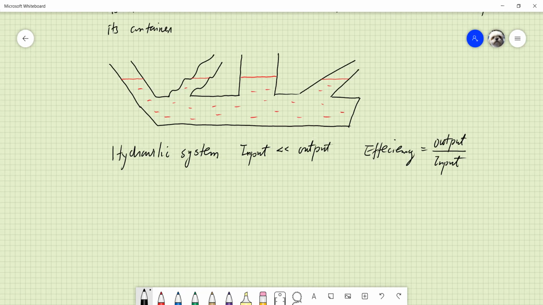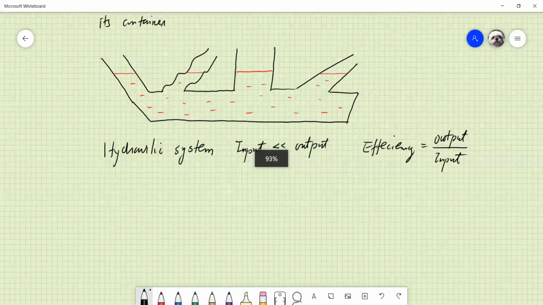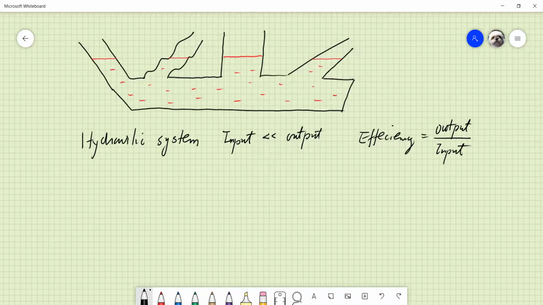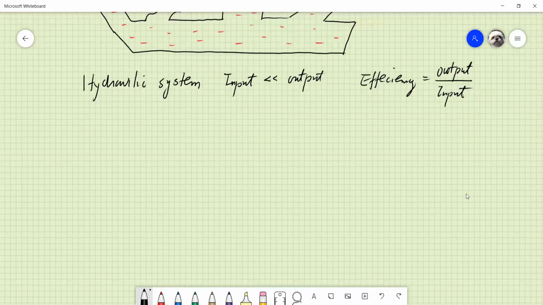Now I'm going to draw a schematic diagram of a hydraulic jack, a simple way to draw that. Now I'm going to draw it like this. Here I have a cylinder.